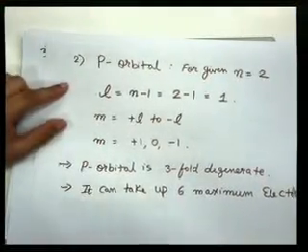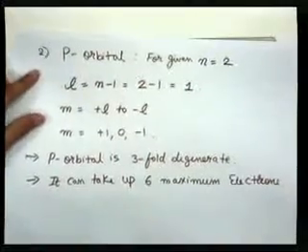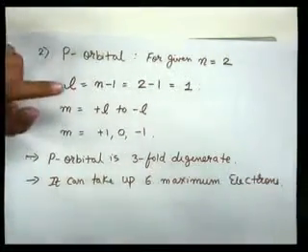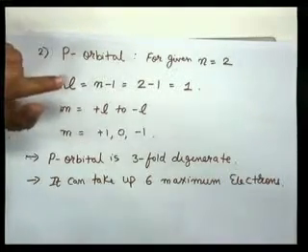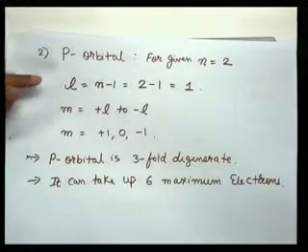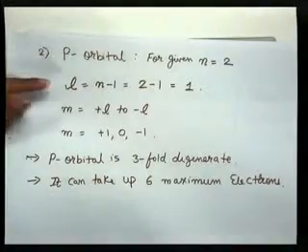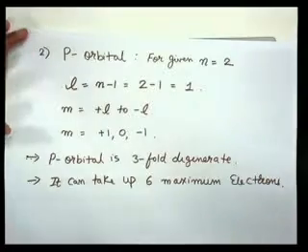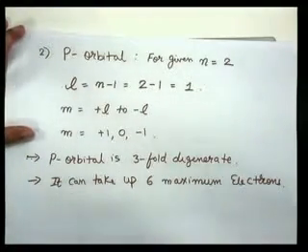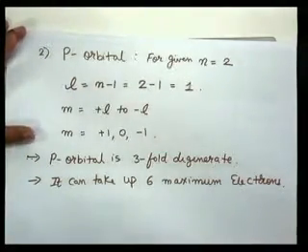The second case that we will take up is the p orbital case. The n value, that is the principal quantum number, is 2. Your L value, that is n minus 1, is equal to 1. That means your principal quantum number is 2 and your angular or azimuthal quantum number is 1.